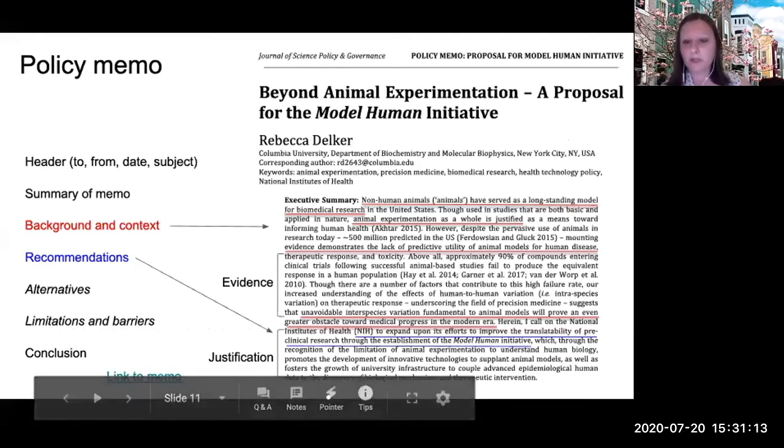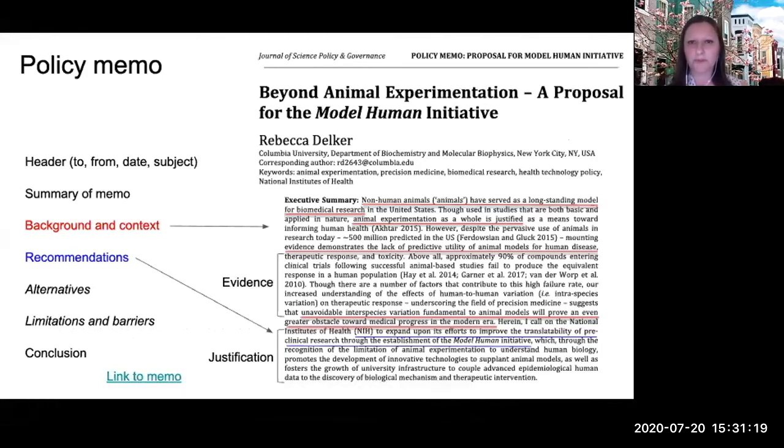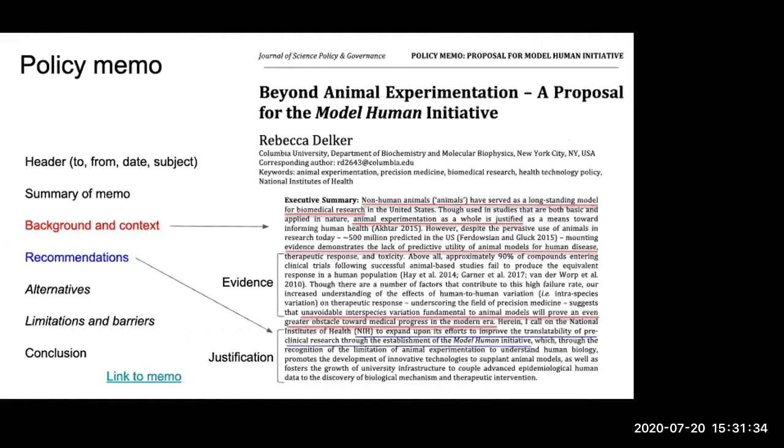Okay, so I'm going to walk you through this example of a policy memo, just going through the executive summary in the interest of time. Typically the piece itself would unpack all the same issues in the same order, going from the background all the way to the limitations and barriers.